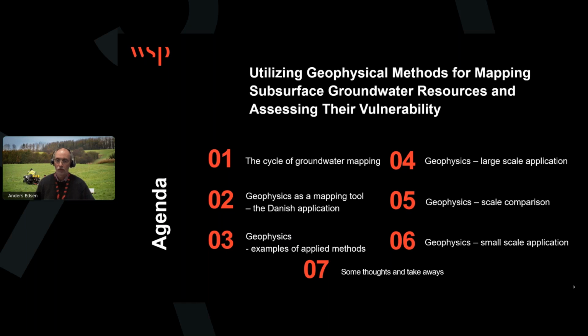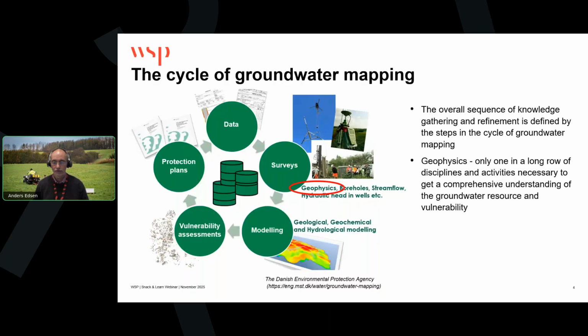So first, the cycle of groundwater mapping, and I found this picture on the Danish Environmental Protection Agency's homepage. The link is at the bottom if you want to study it even more. But the overall sequence of knowledge gathering and refinement during the groundwater mapping cycle is defined by the different steps.